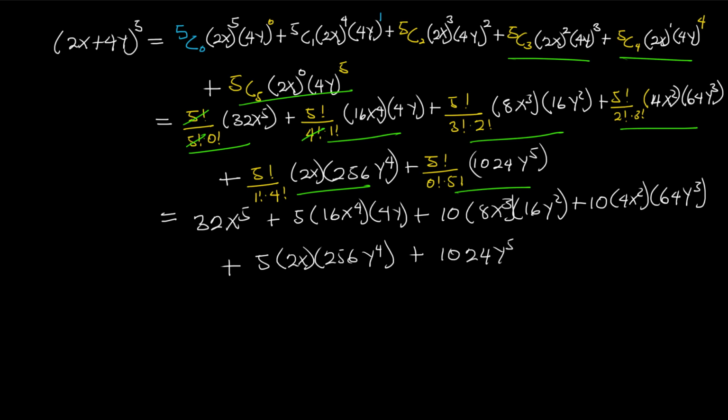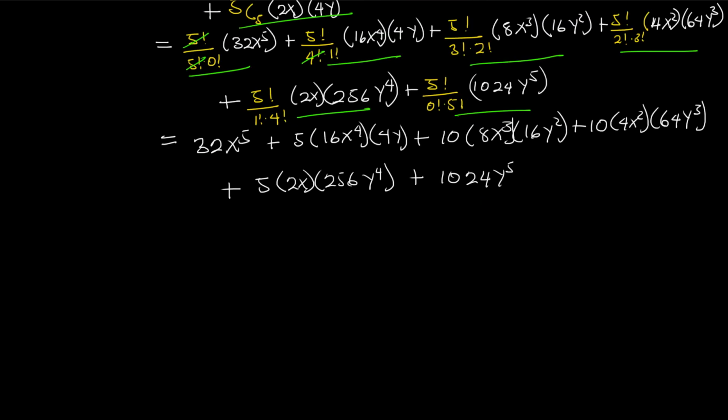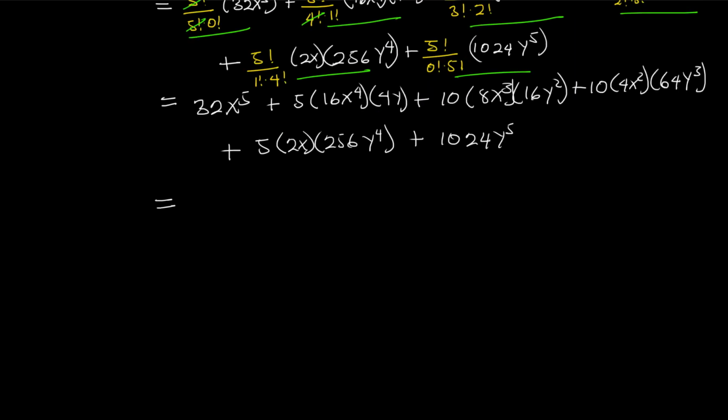Let's make some room. We can now write the final solution as 32x⁵ from this term here.